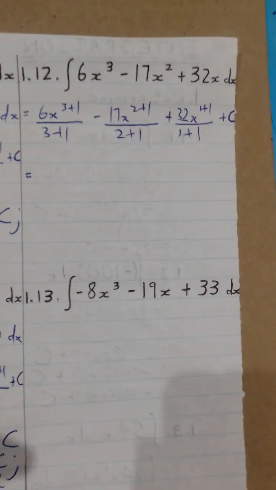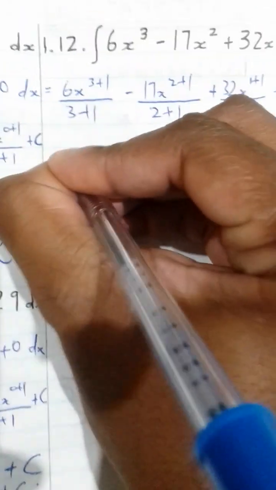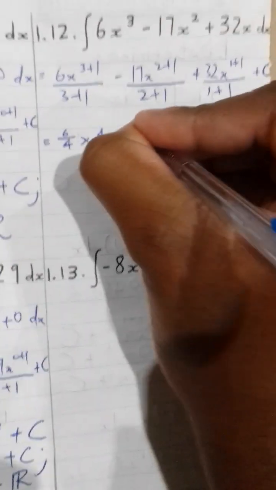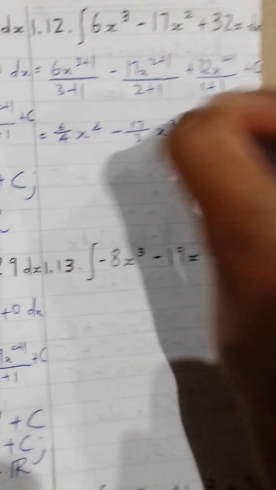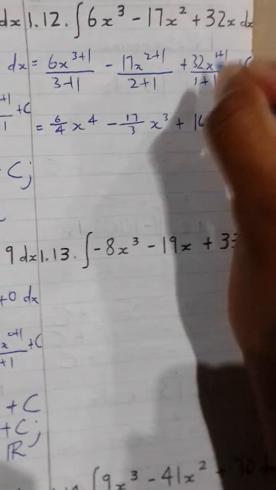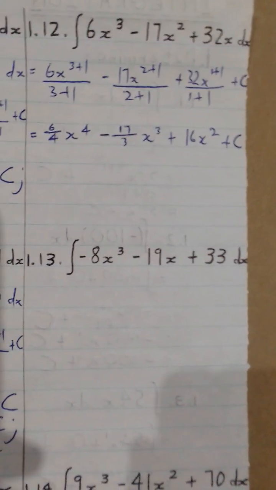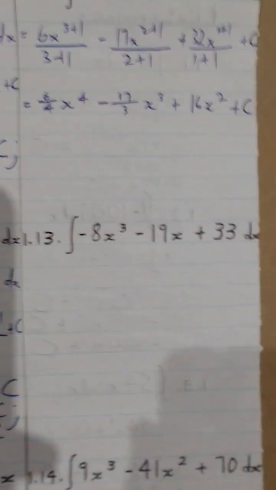Okay, so this is going to be 6 over 3 plus 1 is 4. 6 over 4 x, 3 plus 1 is 4, minus 17, 2 plus 1 is 3, 17 over 3 x, 2 plus 1 is 3, plus 32 over 2, 16x, 1 plus 1 is 2, plus c. Now if there are any expressions that we can simplify, we can. 6 over 4 is 3 over 2.